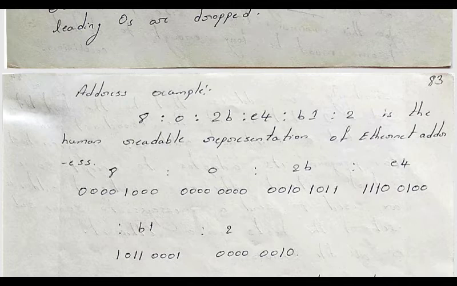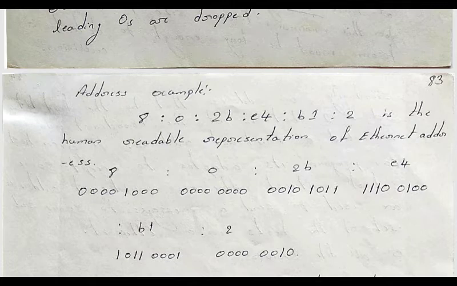Next, each number is represented with a pair of hexadecimal digits. You can see 2b, e4, b1 written there. That is a pair of hexadecimal digits. Each one uses 4-bit nibbles in the byte. Is it clear?